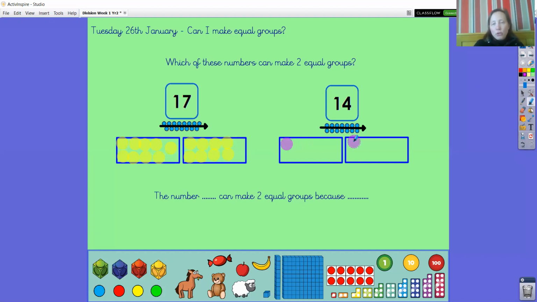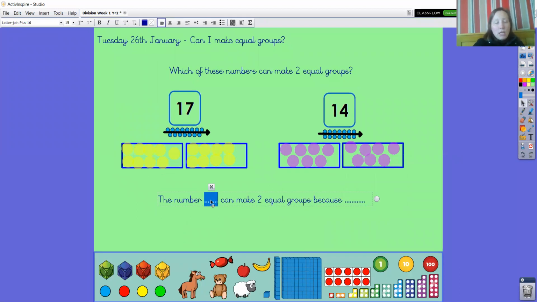So 1, 2, 3, 4, 5, 6, 7, 8, 9, 10, 11, 12, 13, 14. And you can see we've got a group of 7 and a group of 7. So the number 14 can make 2 equal groups because there are 7 in each group.